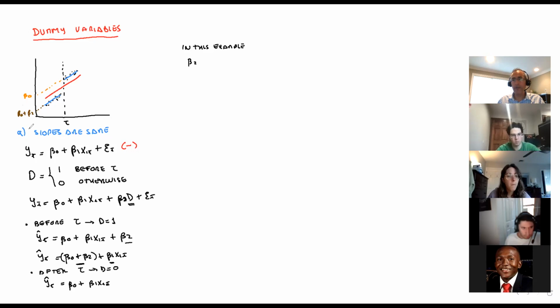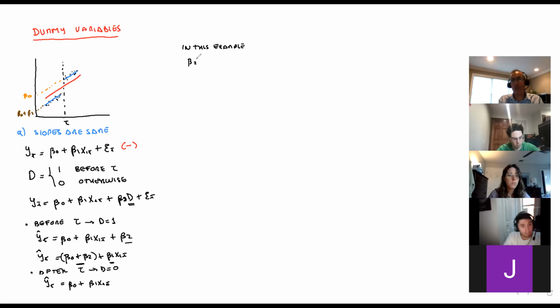Guys, agree? Okay, so now, which one is larger, beta 0 or beta 0 plus beta 2? They agree beta 0 is larger. Of course, come on, guys. This is simply the distance, the height.